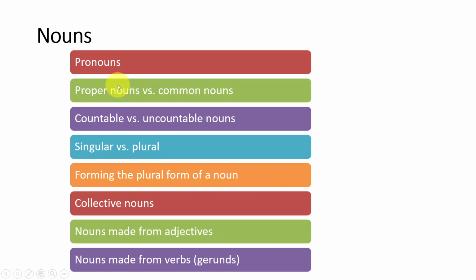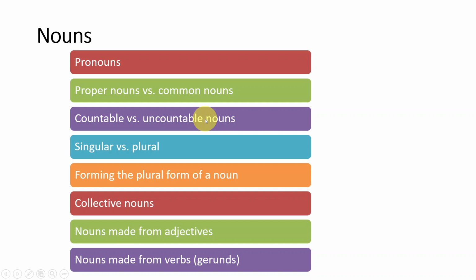Especially when it comes to writing, there are capitalization rules for proper nouns. Another classification is countable versus uncountable. There are some grammar rules. For example, countable nouns have the plural form, whereas uncountable nouns have just a single form.